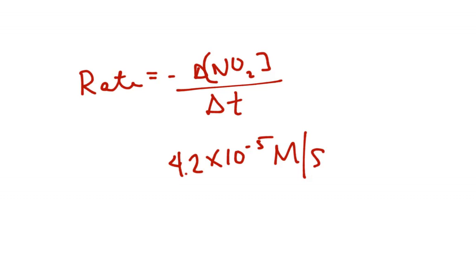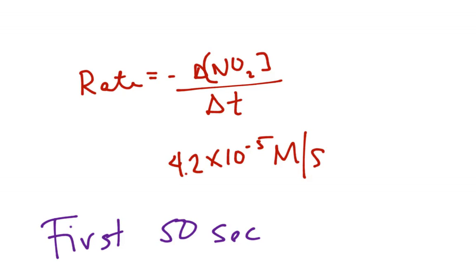All right, so for the first 50 seconds, this is the rate. Now that rate is not going to remain constant. It will change as the amounts of the products and the reactants change, and we'll look at that in more detail later. But for those first 50 seconds, that's what the rate is. They've got a little table there that shows you what the rate of the reaction changes to.